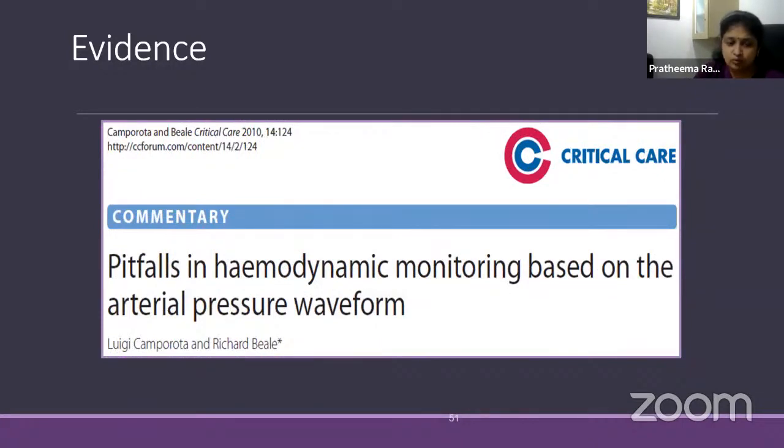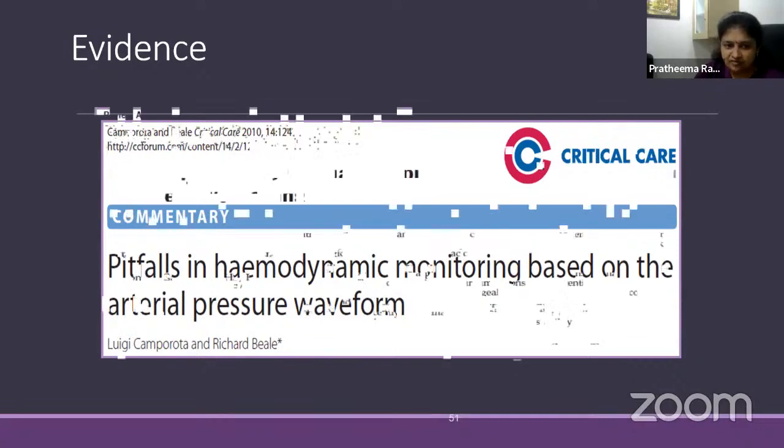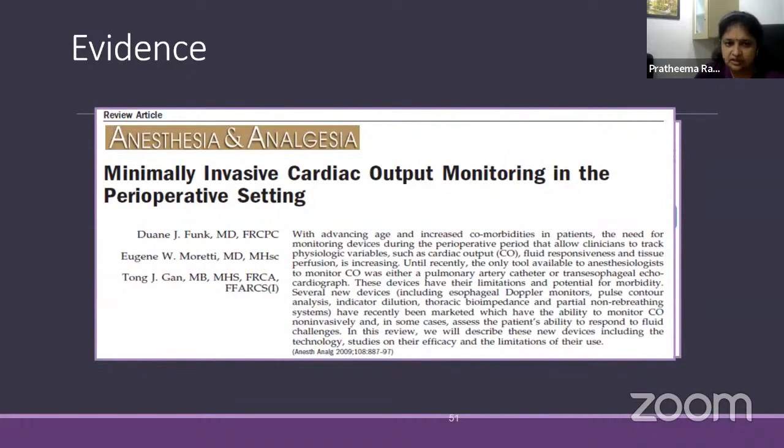No, we cannot take one hemodynamic monitoring and say that it is enough for the patient. One variable is not enough for the patient. So there have been a lot of pitfalls which have been studied and slowly the evidence of minimally invasive is helping in the perioperative setting, yes, but in ICU still studies are going on.